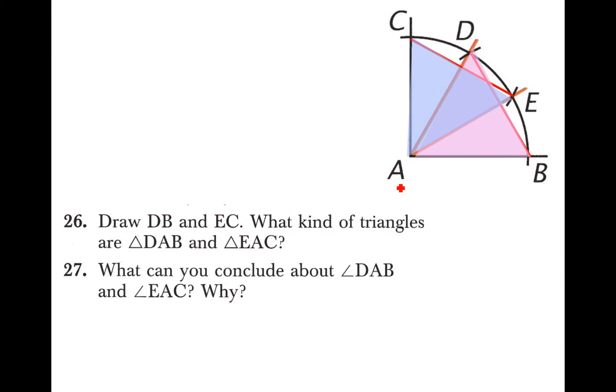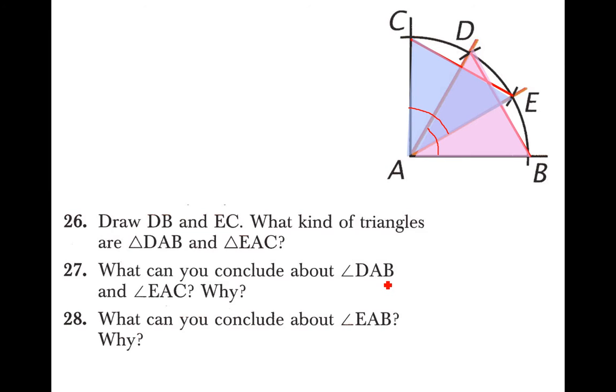Then they're asking actually about the angles DAB, so it would be this one here in the pink, and EAC, this one in the blue. A couple things you might be able to say about those. How about angle EAB? EAB, just this small one down here. Remember, it was a trisection problem.